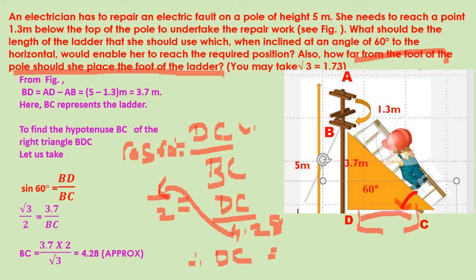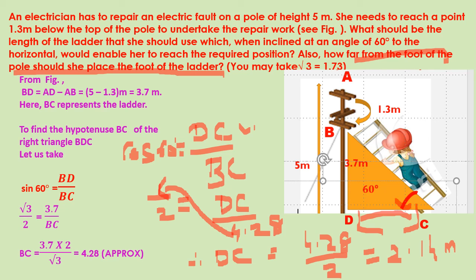You will get 4.28 upon 2. 2 is already there in the denominator, and thus by transposing this 4.28 to the numerator we get DC. DC is equal to 2.14 meters. This is the distance between the foot of the pole and the foot of the ladder.